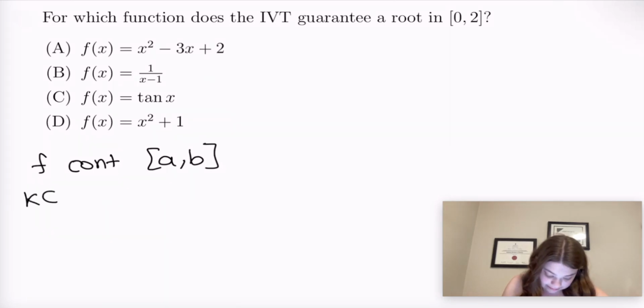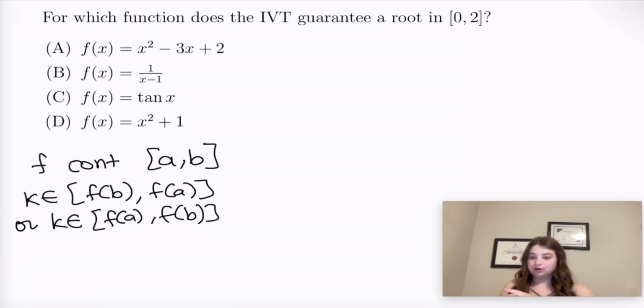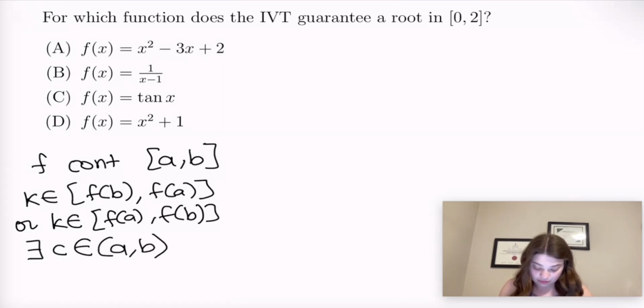So k is somewhere between f of b and f of a, or between f of a and f of b, depending on the order, because we don't know if it's decreasing overall or increasing, but either way, this will still work. Then there exists at least one c, so there exists some value of c that's an element of a to b, where f of c is equal to k.